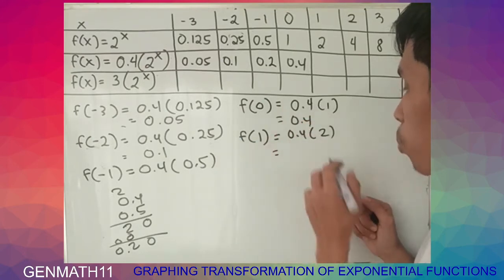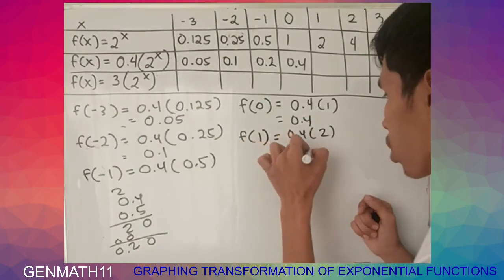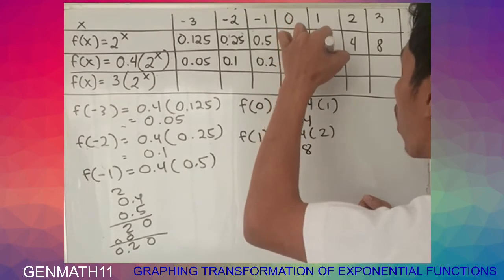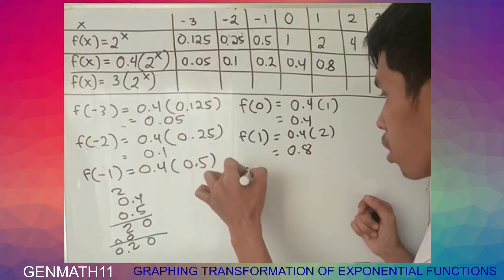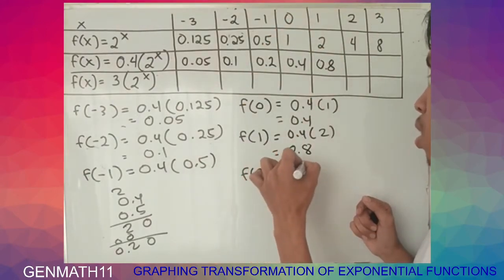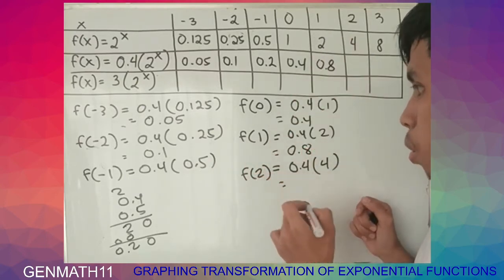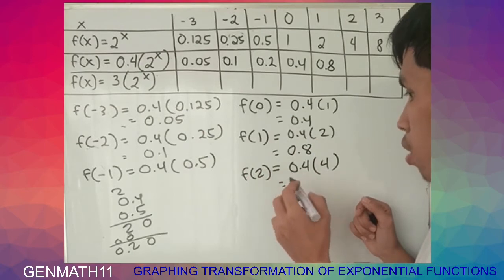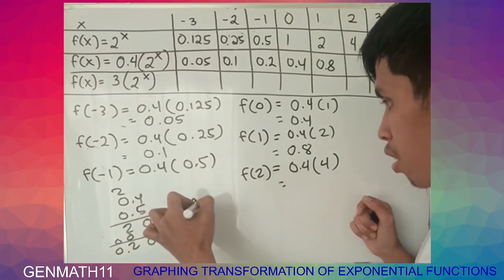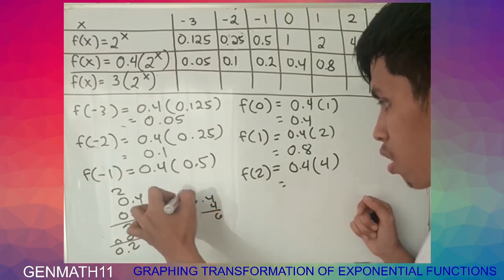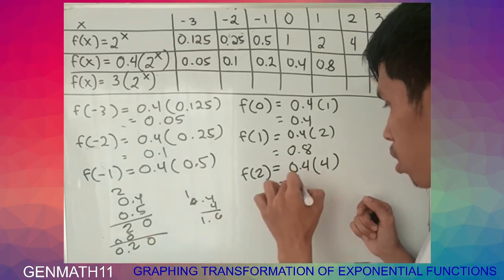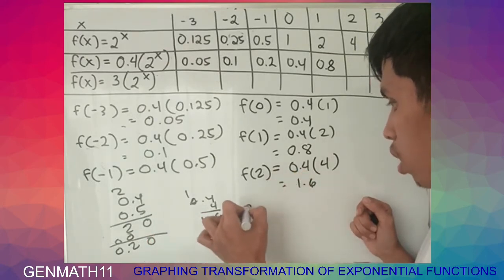Yan. So, 0.4 times 2 is 0.8. Then 2. 0.4 times, ang value natin ay 4. It will be 0.4 times 4 is 1.6. Then the other one is 3.